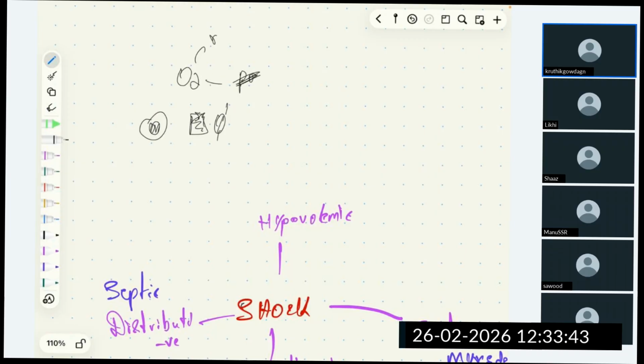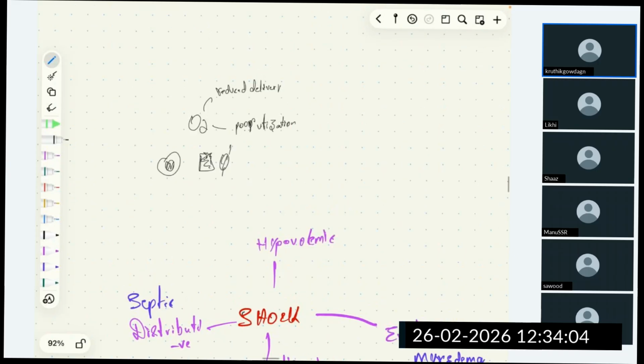Reduced oxygen delivery or poor utilization of oxygen, or there is increased oxygen consumption with circulatory failure and poor perfusion.